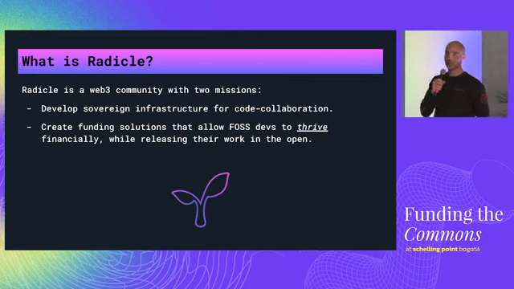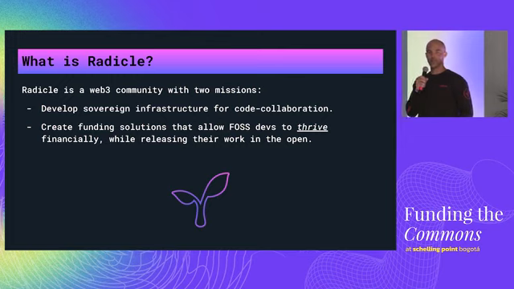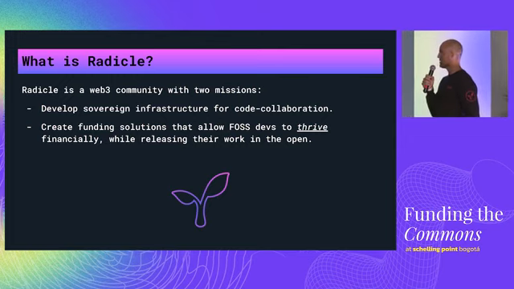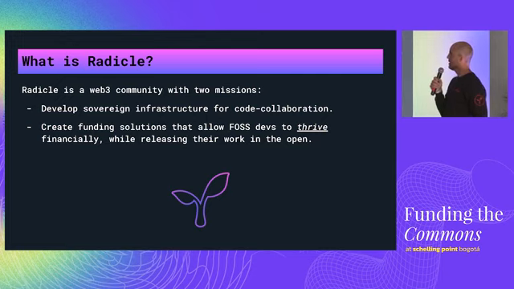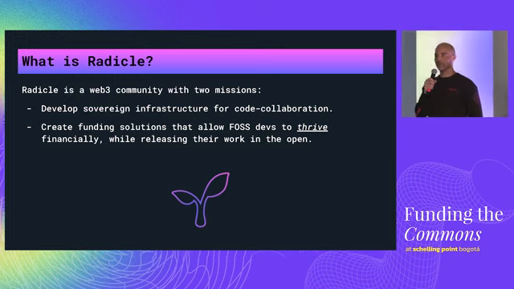First, I want to introduce a few things for folks who might not be familiar with Radicle and a few of the concepts that we'll be talking about. So what is Radicle? Radicle is a Web3 community with two main missions. The first one is to develop sovereign infrastructure for code collaboration. That's a mouthful, so the easiest way I usually explain that is as a decentralized GitHub. GitHub is great.